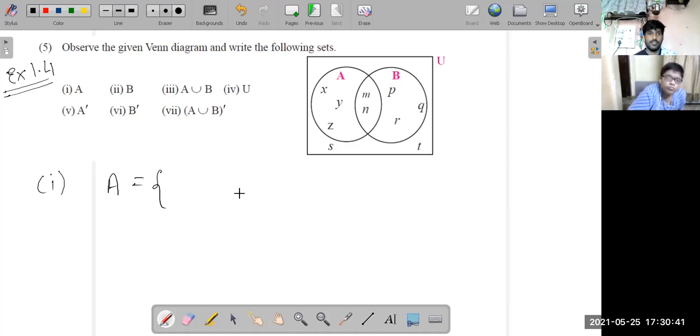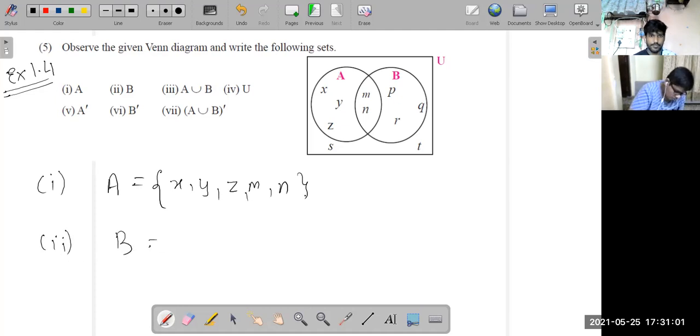One by one, give me the answer. Tell me first what is in A. In the set A, there is X, Y, Z, M, N. Correct. Second one now, B. In set B, there is P, R, Q, M, N. Correct. Now, the next one is a little different.